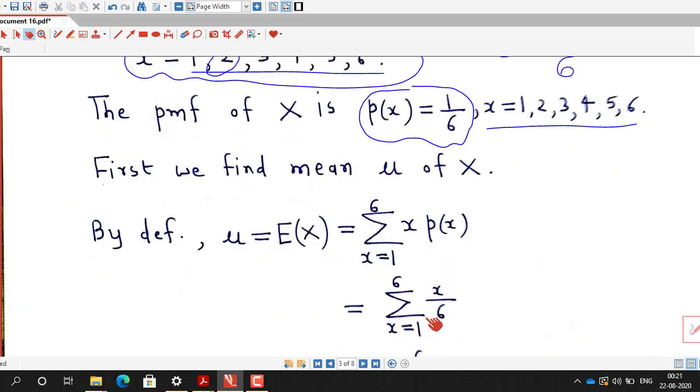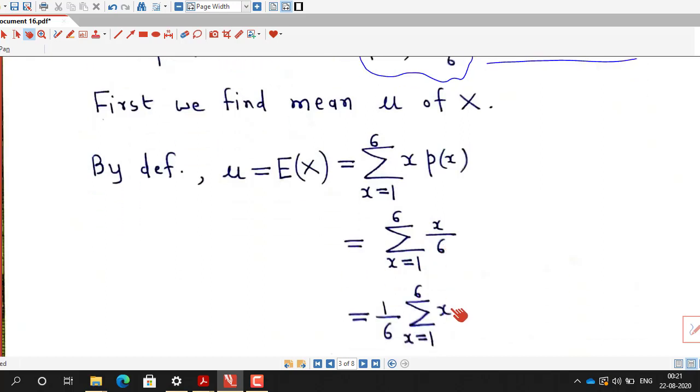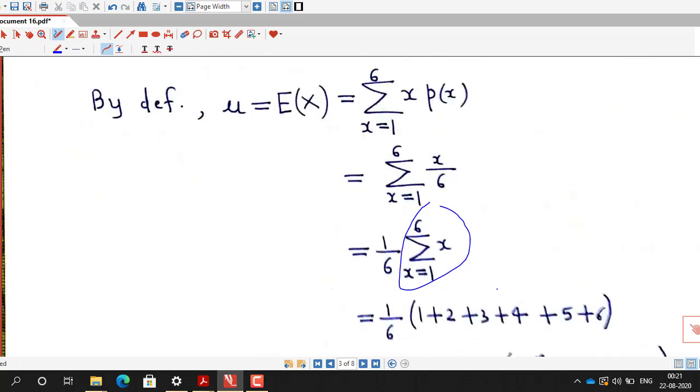In this summation x is a variable and 1 by 6 is a constant, so we can take 1 by 6 outside. So we will have sigma x, where x is from 1 to 6. This summation is nothing but 1 plus 2 plus 3 plus 4 plus 5 plus 6.